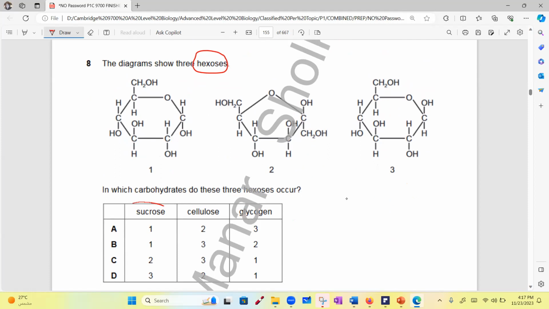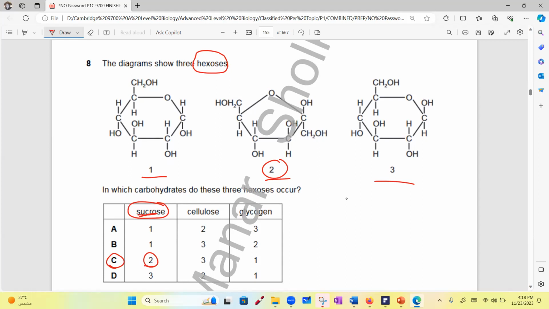Sucrose is made up of what? Mariam, tell me, sucrose is made up of which 2 monomers? Alpha glucose and fructose. Okay, which is fructose? Which shape is fructose? 1 or 2 or 3? 2. So immediately sucrose will contain the fructose here. So the answer is automatically C.